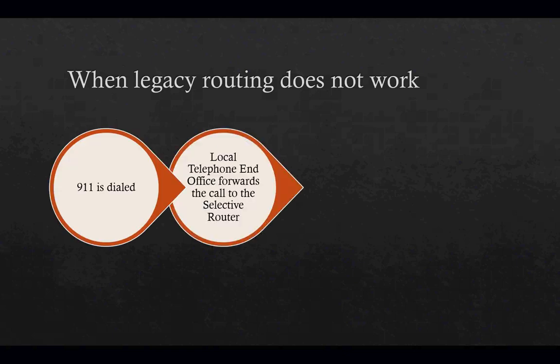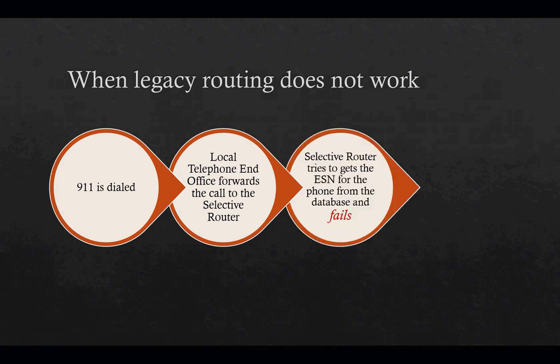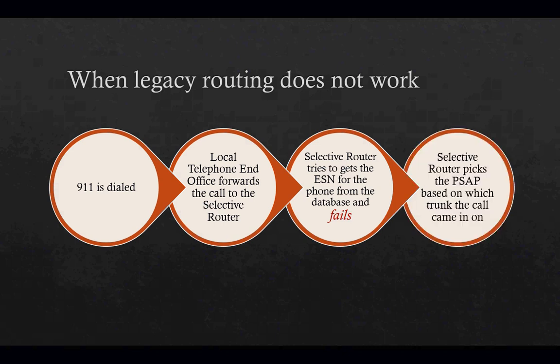When it doesn't work, the 911 call is dialed and the local telephone end office still forwards it to the selective router. But when the selective router tries to get that ESN information out of the database, it fails. And it fails often because the telephone number that it's trying to query is not actually in the database.